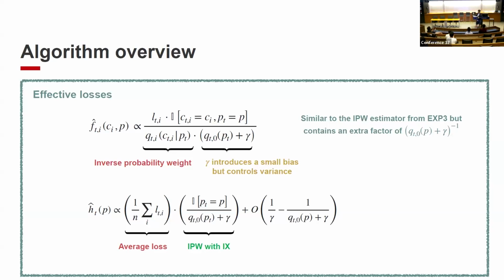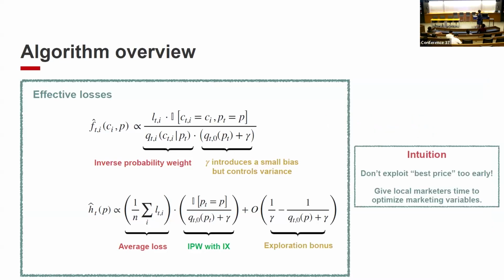If you remember from other literature, this gamma is often called implicit exploration, and the other term is called an exploration bonus. If you work out the math correctly, these terms encourage more exploration, because it discounts less for the unexplored prices.